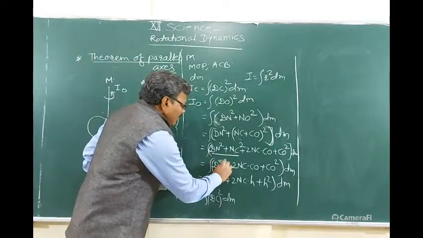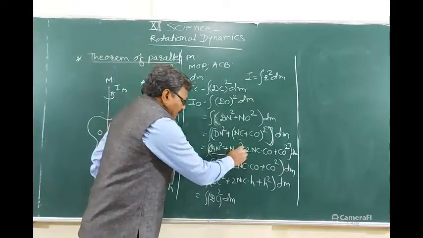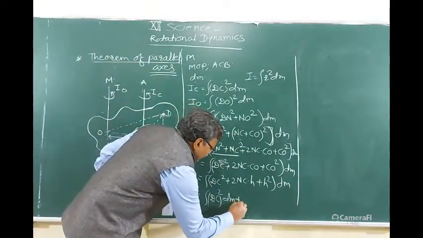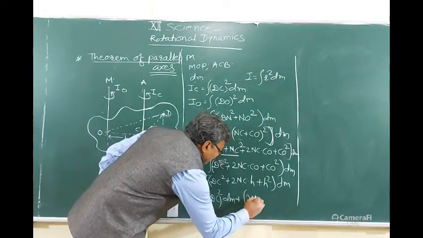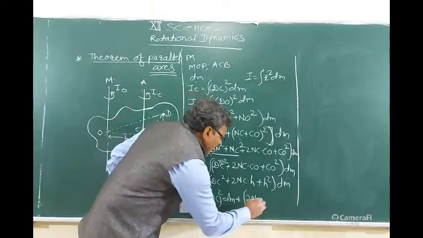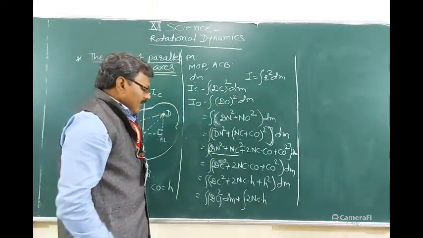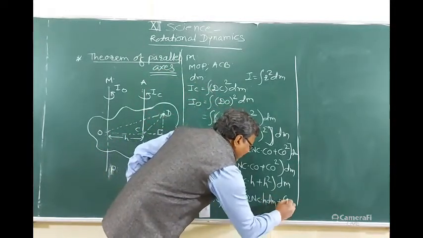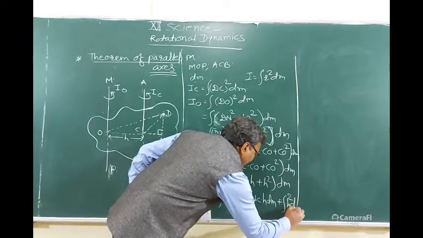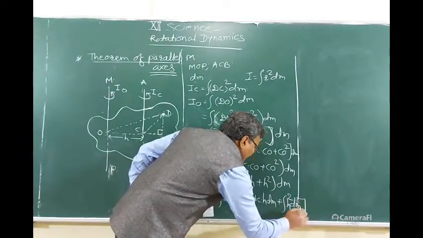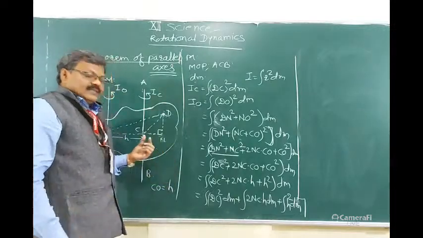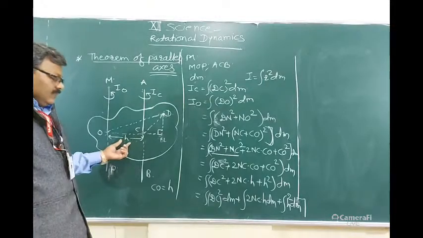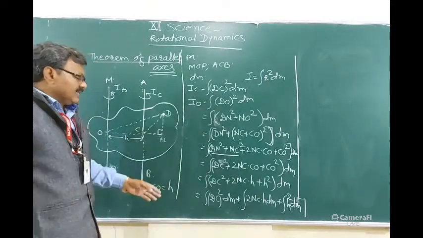We can take the brackets here also. Now this DC square dm plus integration of twice NC into h dm, plus integration of h square dm. But this h is a distance and it is constant. We can take this h out of the integration.